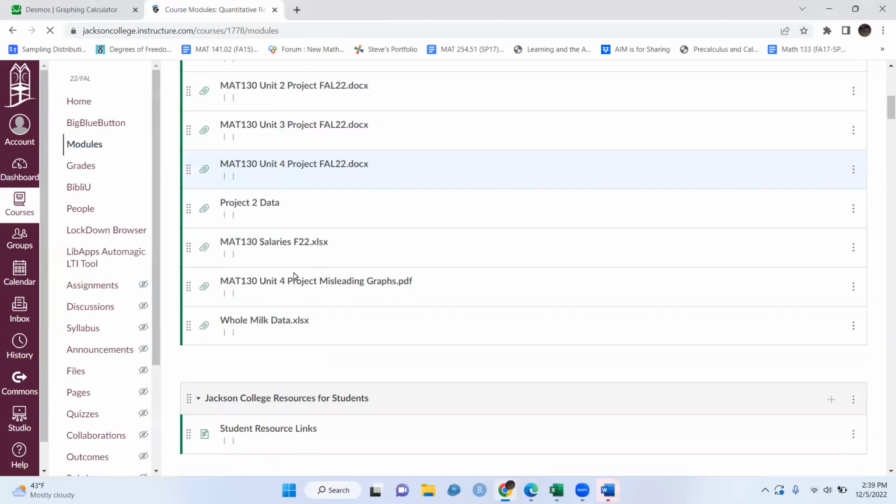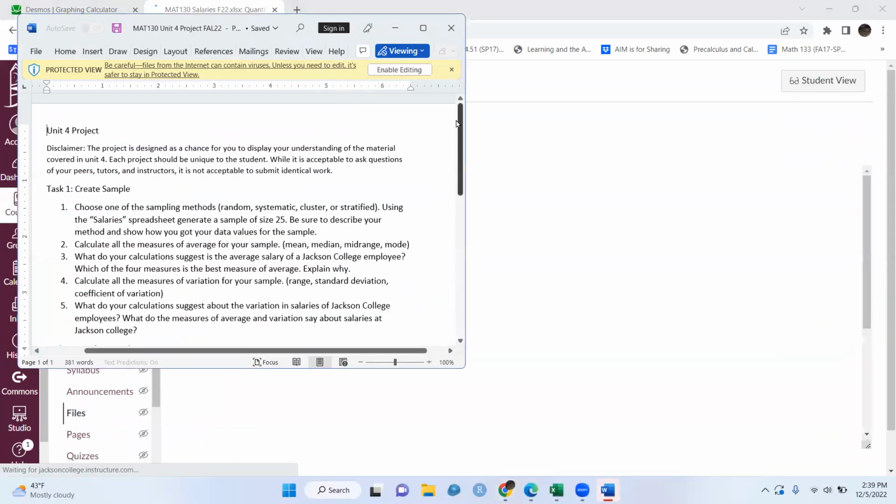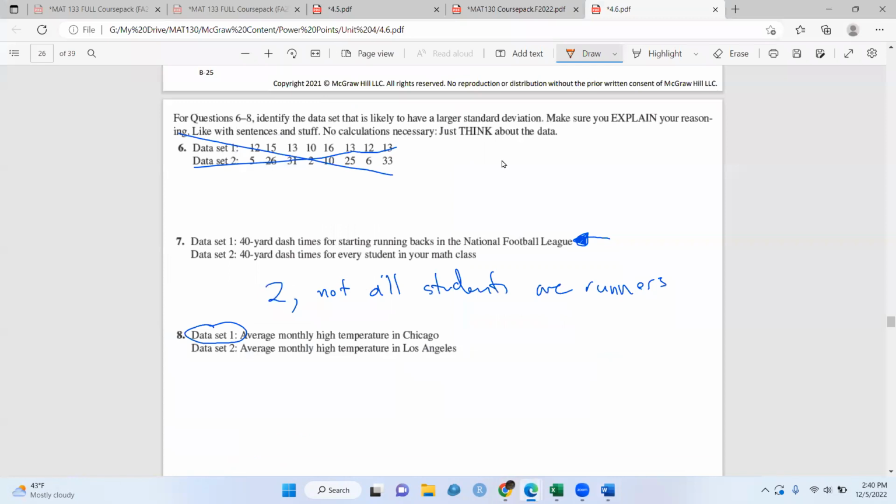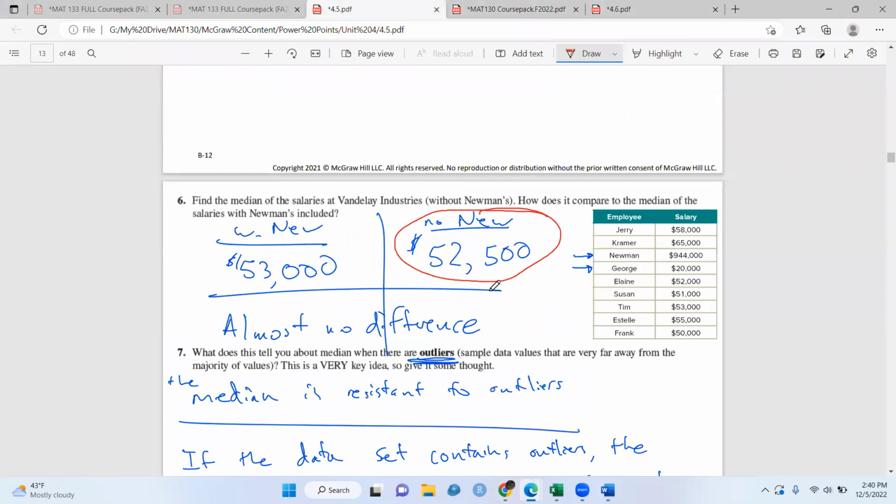So on Wednesday of last week, we talked about the sampling method. I'm assuming you have created that. The 4.5 lesson check was the 52,500. I think it's still there.